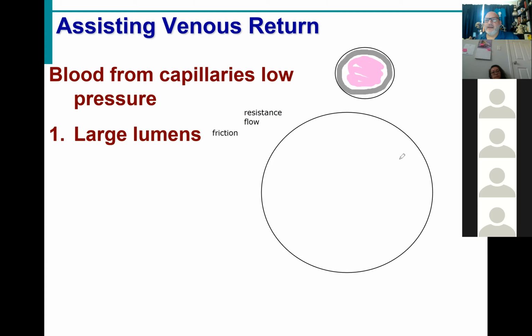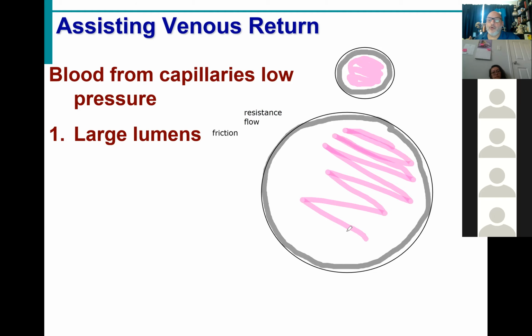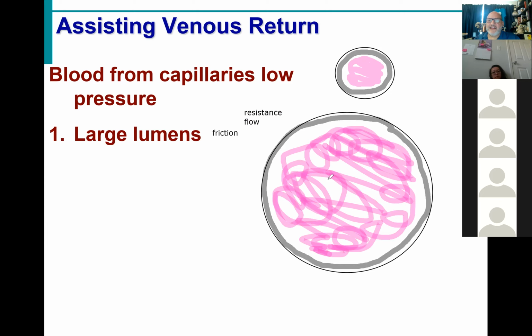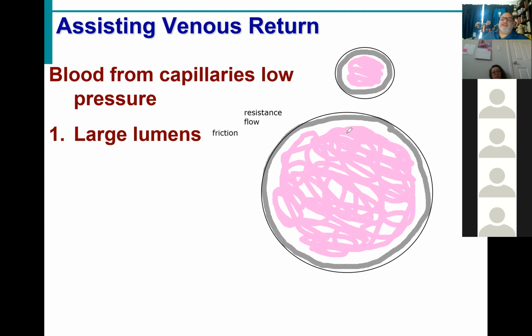Yes, if you think about it, there is indeed more blood in contact with the surface of this blood vessel, but there's also a whole lot more that isn't. All right, so basically this has less surface in contact with the blood vessel, less resistance, more flow. So that large lumen helps with the flow of the blood.